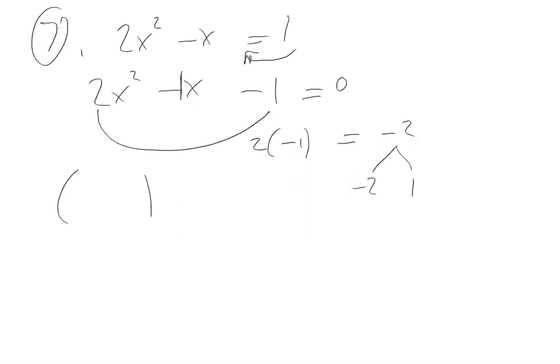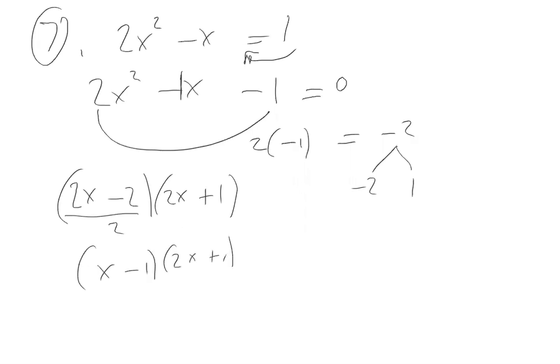Then you put both of those numbers inside the end of the parentheses, so negative 2 and positive 1. And then you put the first term without the square at the beginning of both of the parentheses. So 2x goes in the beginning of both of them. Then you eliminate any common factor like the 2, and then you're finished. So x minus 1 times 2x plus 1. We're finished factoring, but we still have to find x. So we find x by setting each factor to 0.